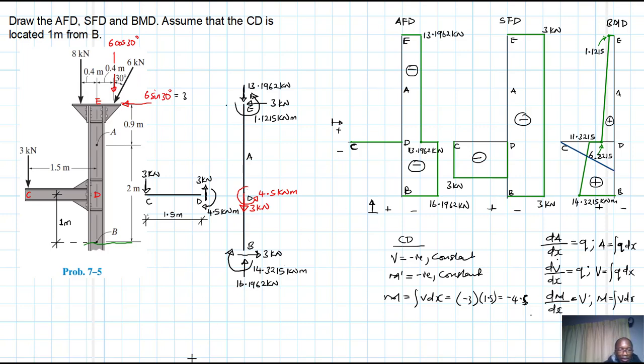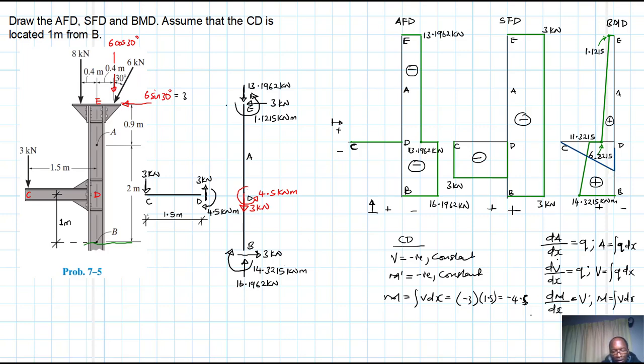Okay, and of course, when it reaches G, there's going to be a closure. So we have this 4.5. Then because the moment there is clockwise, but we are going to use the internal force, which is positive, which is anti-clockwise, we are going to have a closure like so. Let me get it in straight lines.